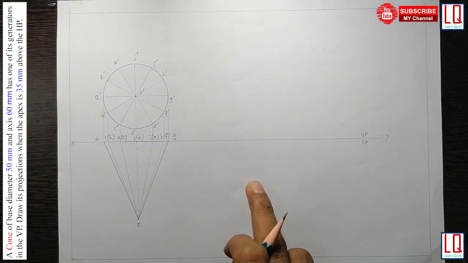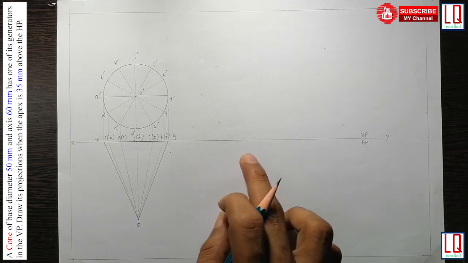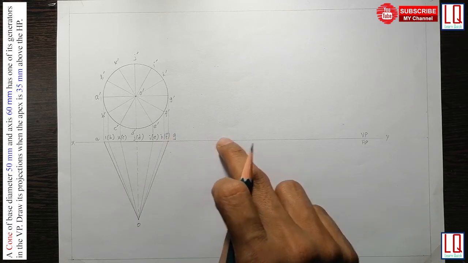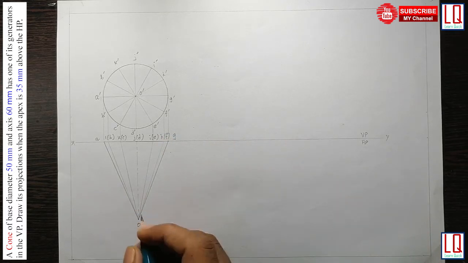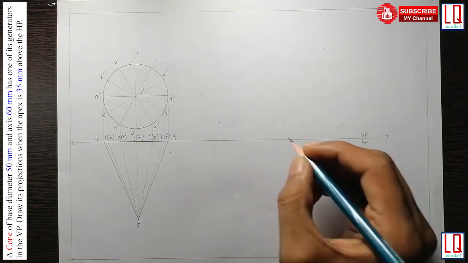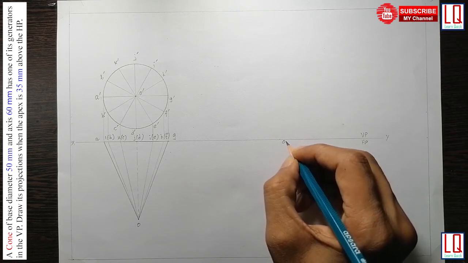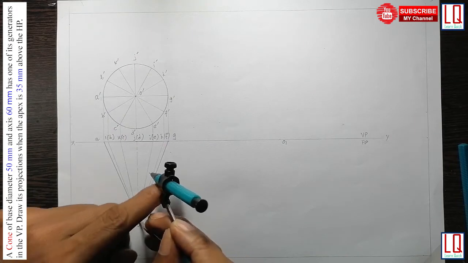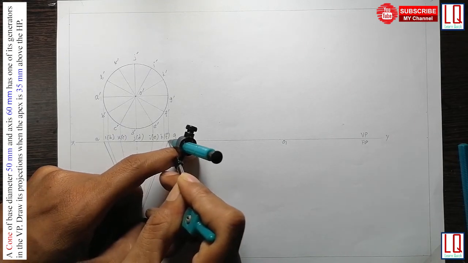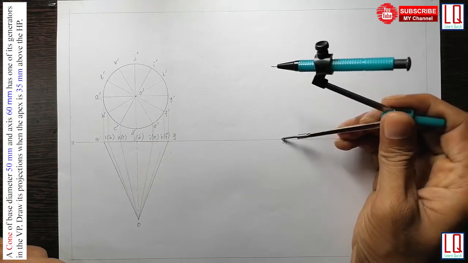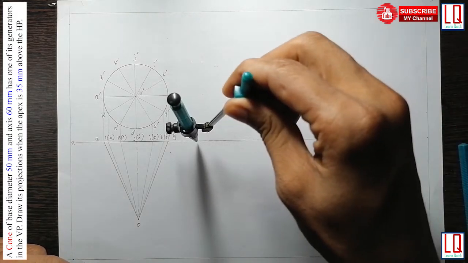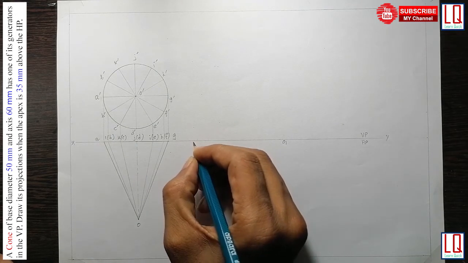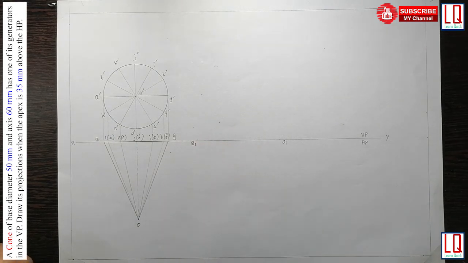Now I need to draw step 3 here. To initiate step 3, I need to make this generator touch the VP, so first I consider a point here and name it O1. Now with the help of my compass, measure OG and create a point here and name it G1.